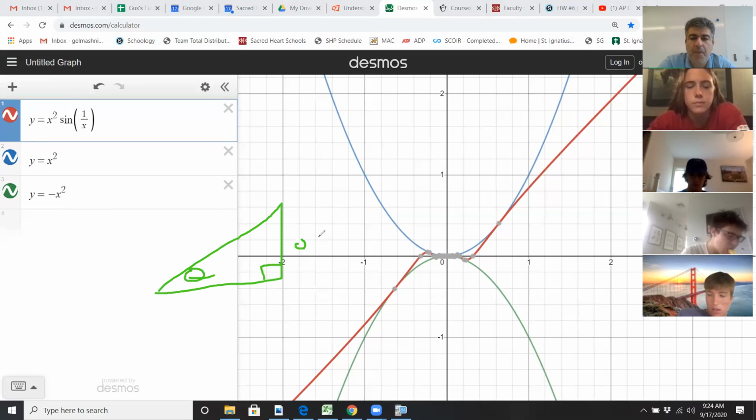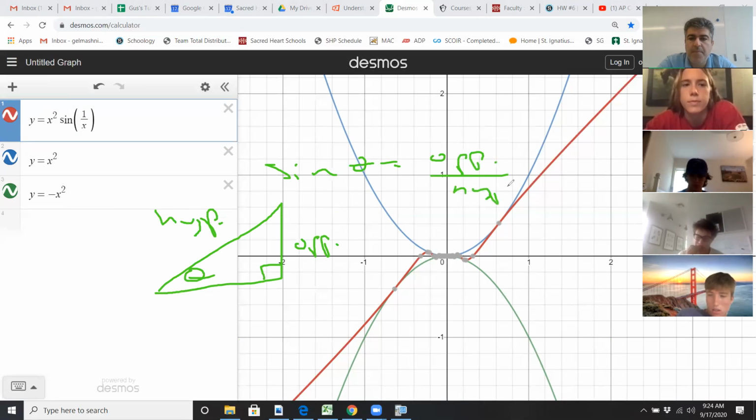The definition of sine is sine of an angle equals opposite over hypotenuse. The opposite can never be bigger than the hypotenuse, right? So that's why.